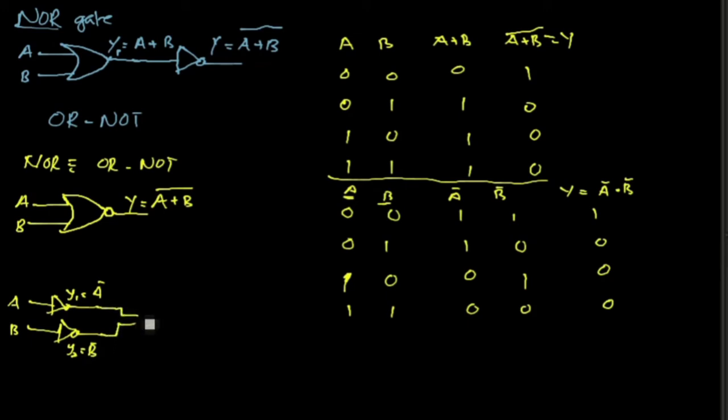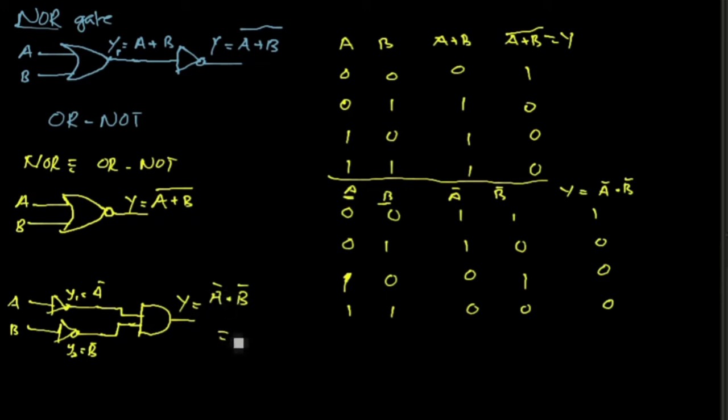Now if I give these two outputs to an AND gate, here the output will be A complement and B complement.